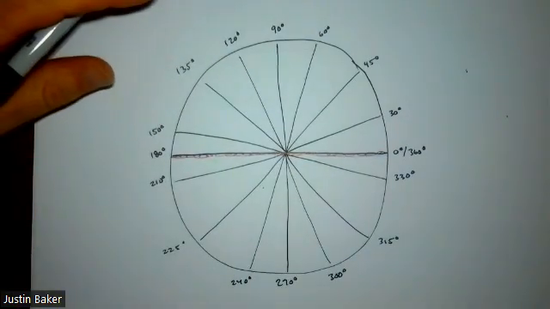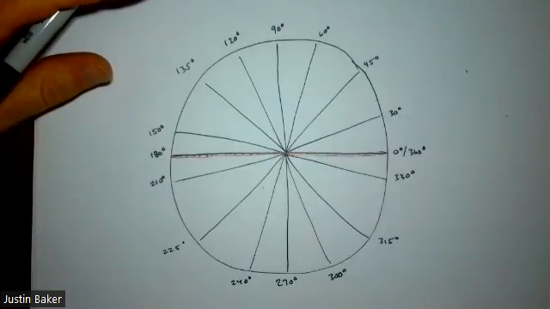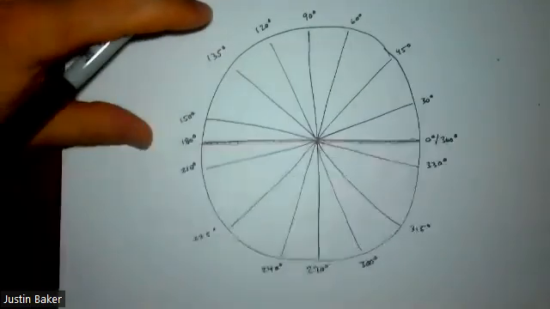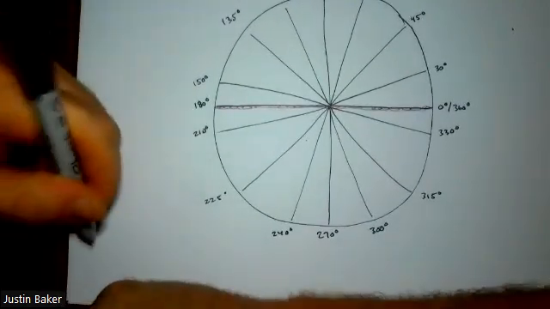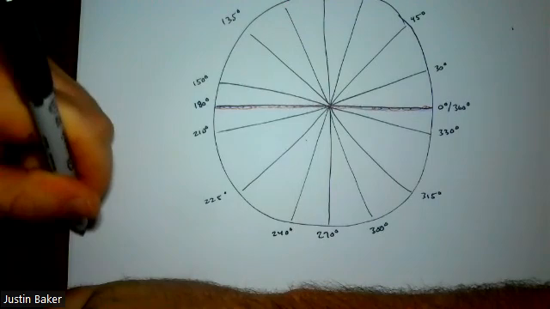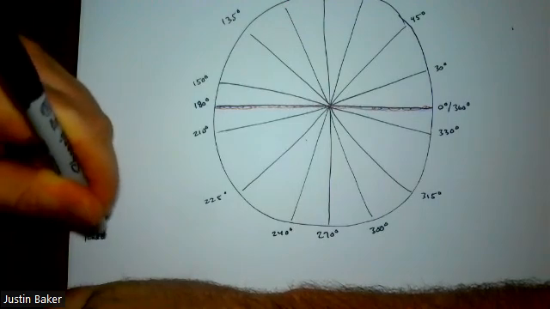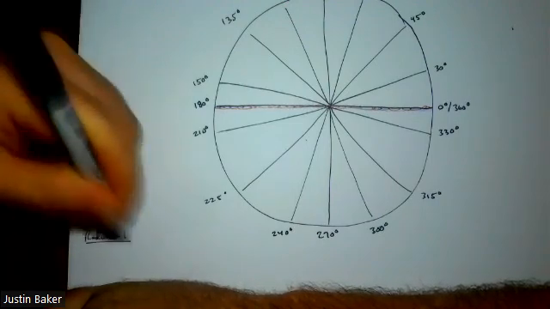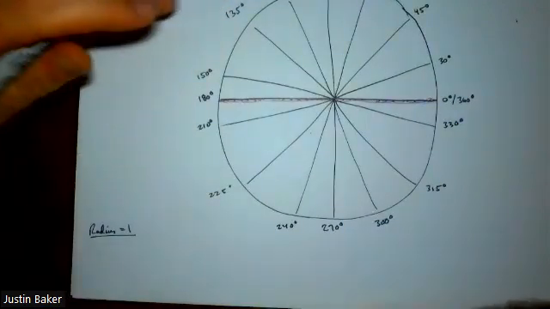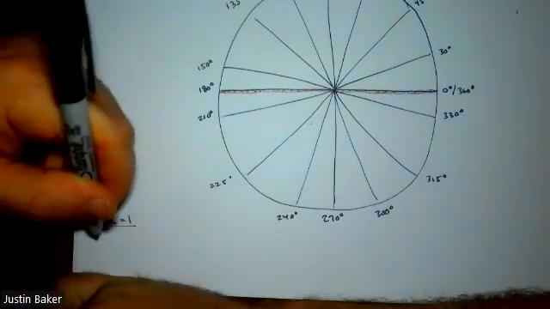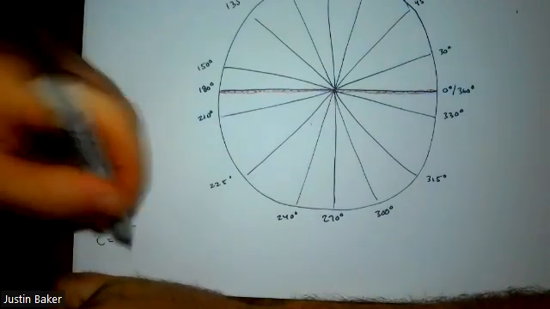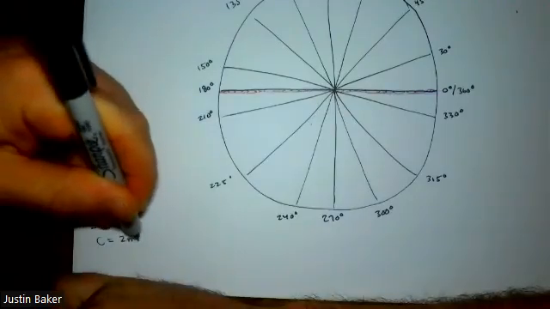Next comes the radians. So when we're talking about radian measurement, one way you can think of it is the circumference of a circle. So some notes on the unit circle. First off, the radius of the unit circle is equal to 1. Okay. And when we're talking about the circumference of the circle, circumference is equal to 2 pi r.